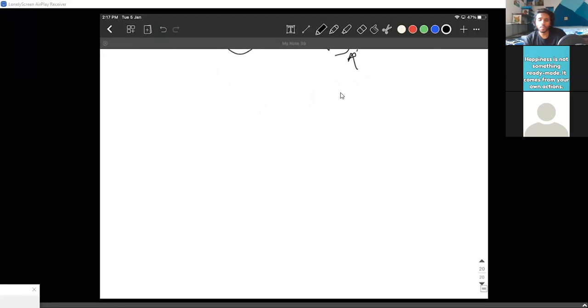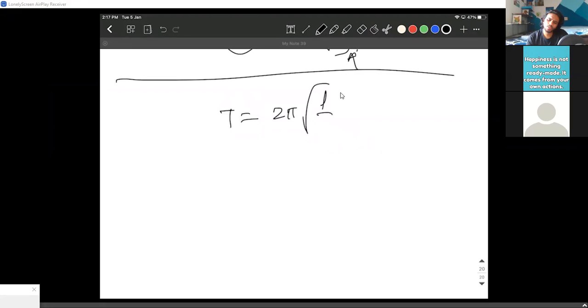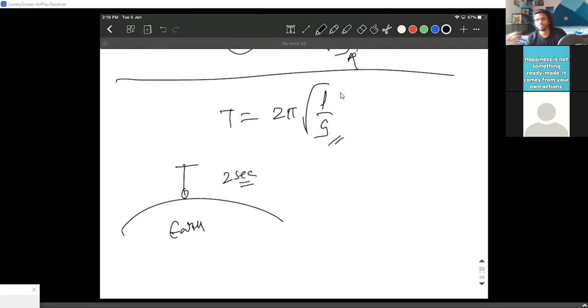Let's talk about the kind of problems, all the theoretical problems, that we get. They use this idea to compare the acceleration due to gravity. They give you a problem saying there is a pendulum on Earth whose time period is 2 seconds, a seconds pendulum.